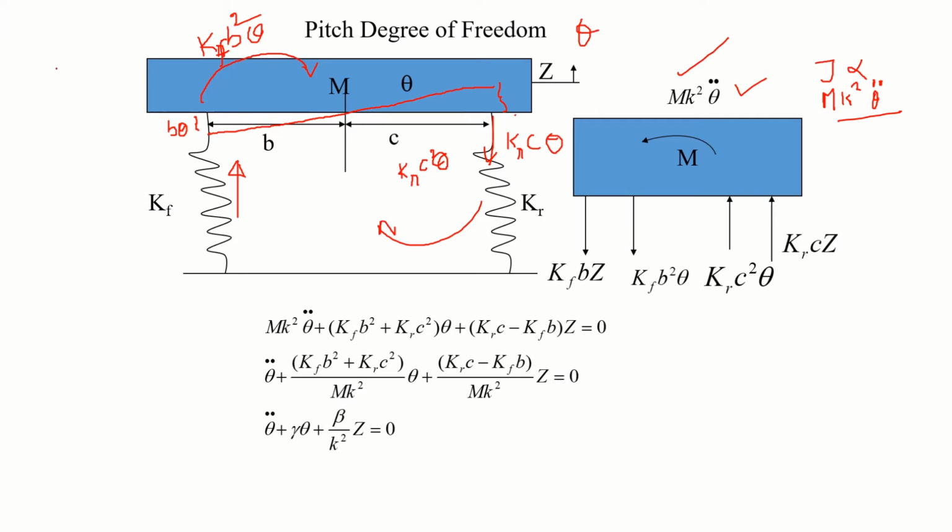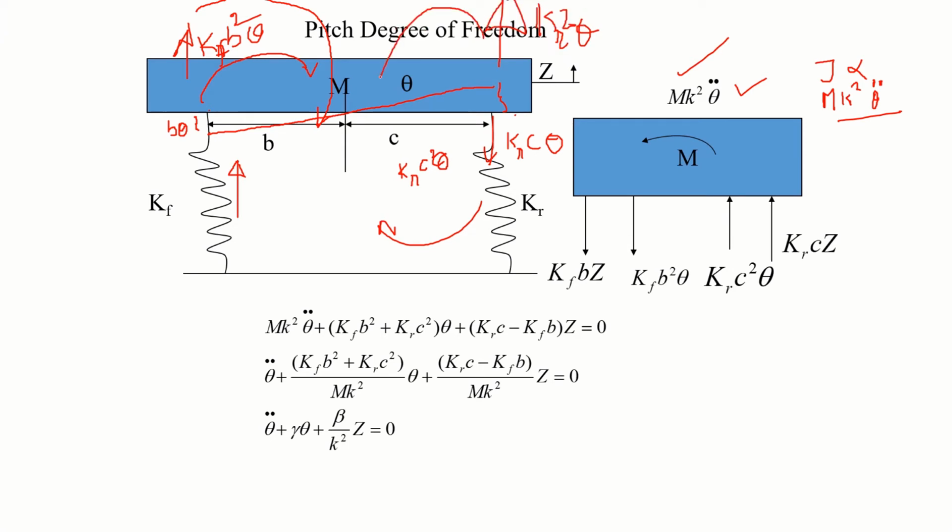Next, let us see Kf z. Kf z is the force. So both are moving in the direction Kf z, Kr z. Kf z into b will create this moment. Kr z will create counterclockwise moment.